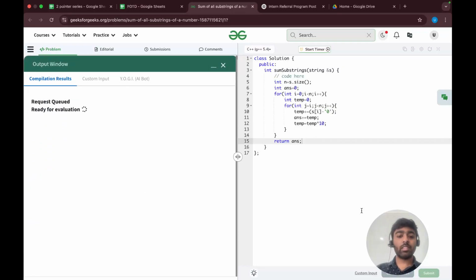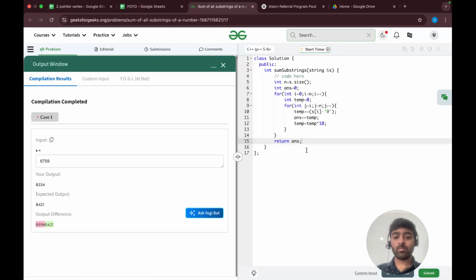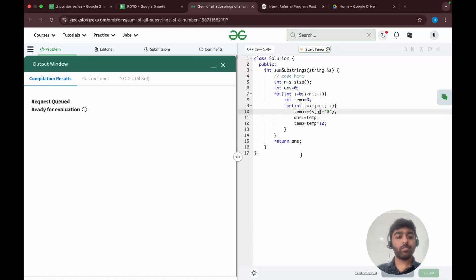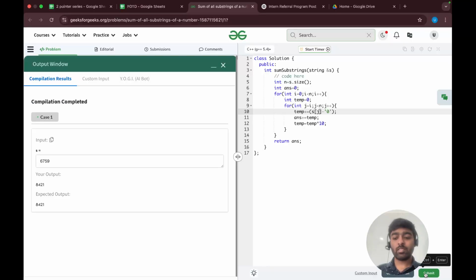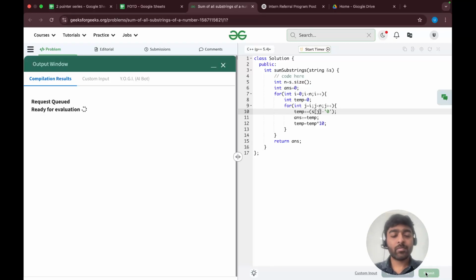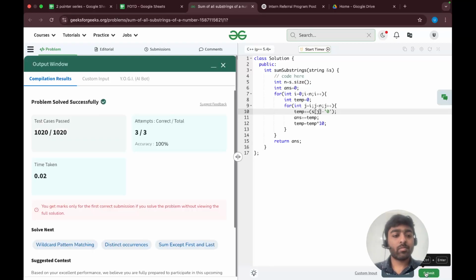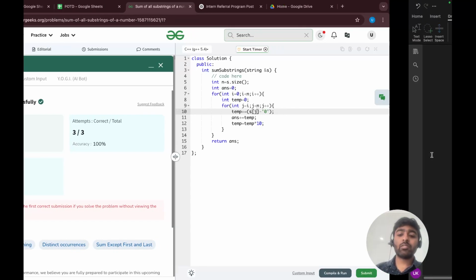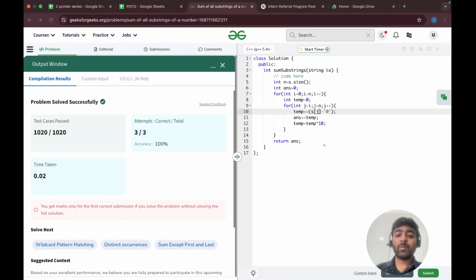Let's see this. Let's submit it. It has been submitted, but how much time is this solution taking?